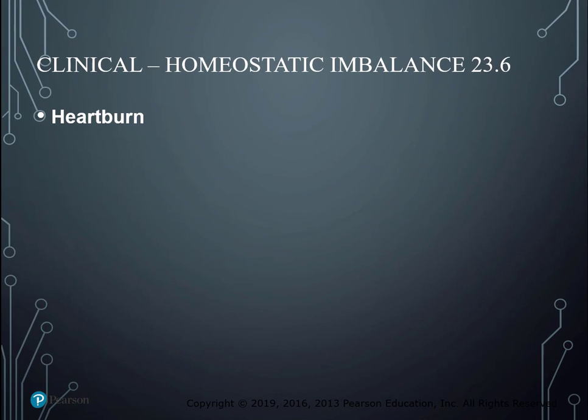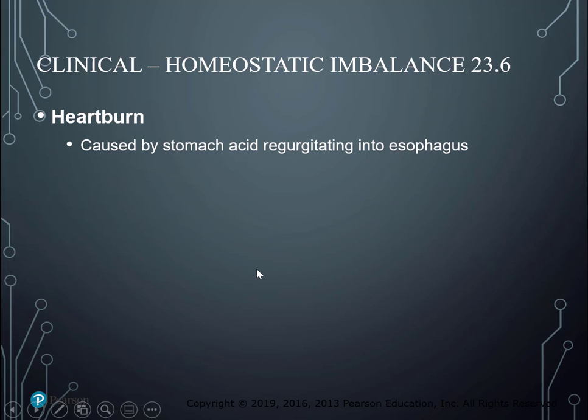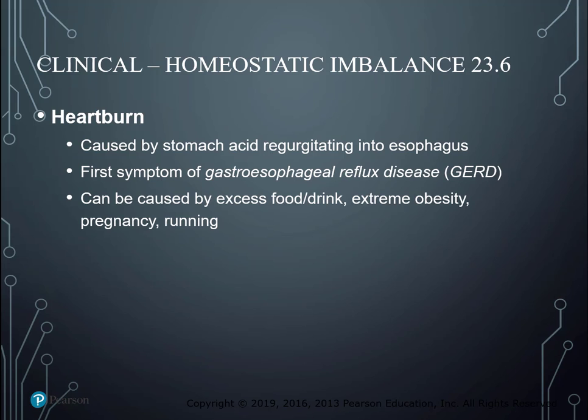So let's take a look at some homeostatic imbalances. Heartburn. A lot of people suffer from chronic heartburn. It is caused by the stomach acid regurgitating into the esophagus, which is a symptom of gastroesophageal reflux disease, which is GERD, which is pretty much what your professor has.